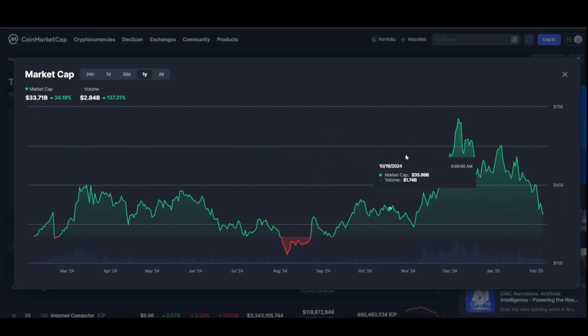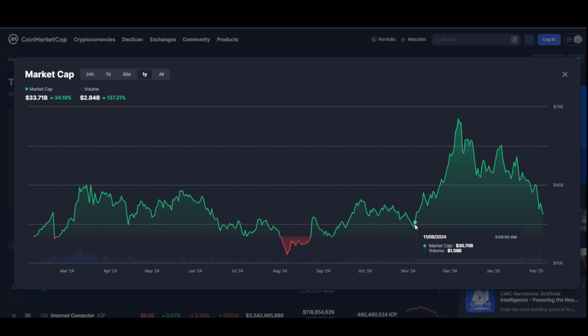Even if you look at the overall AI market cap, it has been going down. It peaked somewhere around 70 billion, and we are trading around 33.71 billion. If you look at the support for the market cap of the AI coins, we have pretty good support, I believe around 28.84 billion.